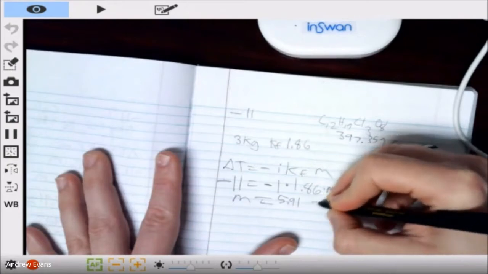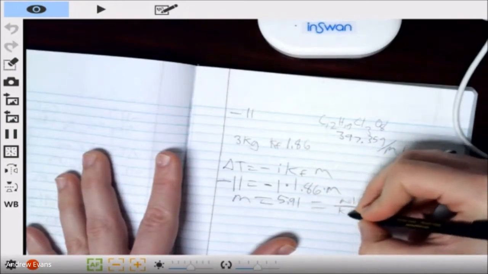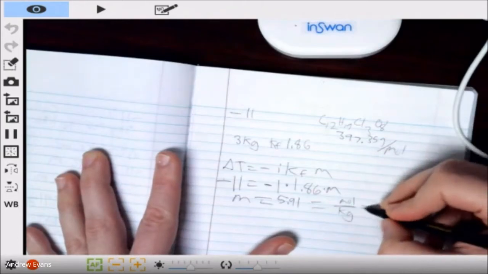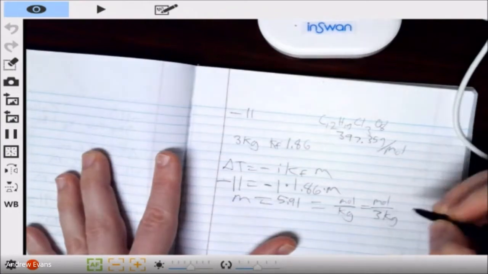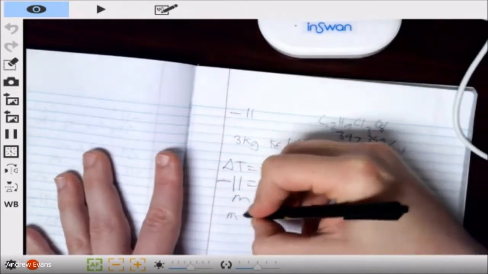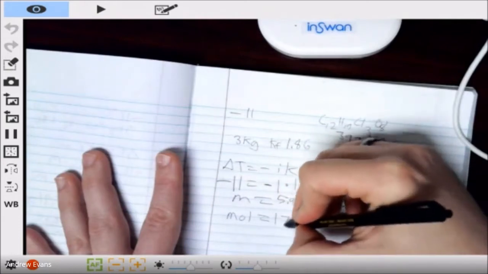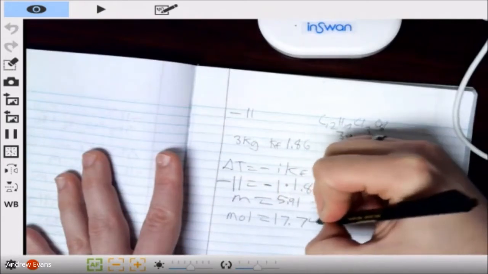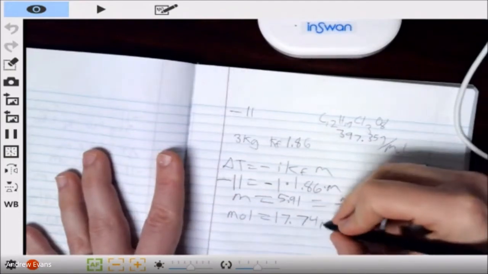Now, m is in moles of sucralose over kilograms of water, so moles over 3 kilograms, solving for moles. So 5.91 times 3 gives us 17.74 moles.